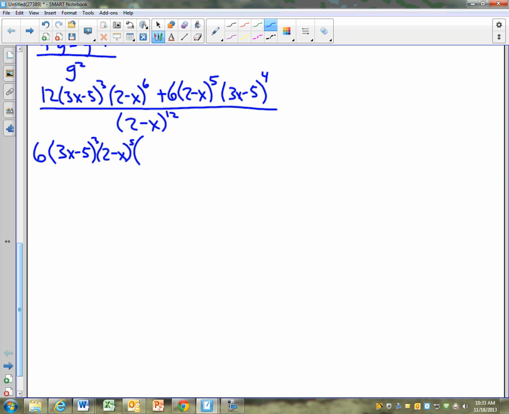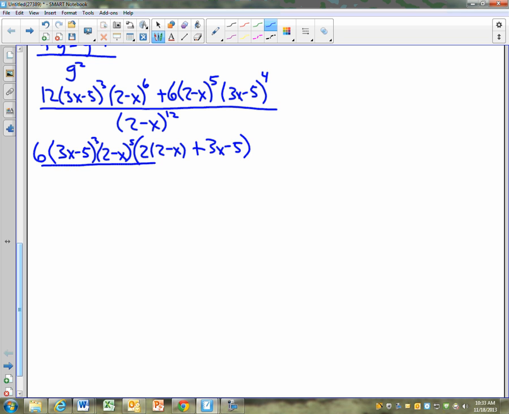And when I take those out, what are you left with right here? 2 times 2 minus x plus, and then what are you left with here? 3x minus 5.